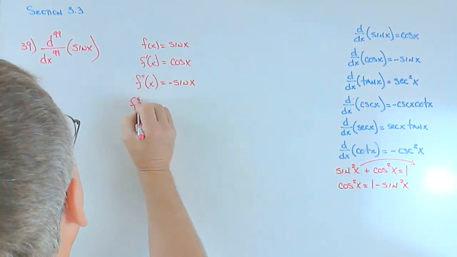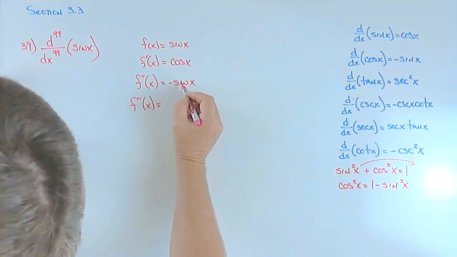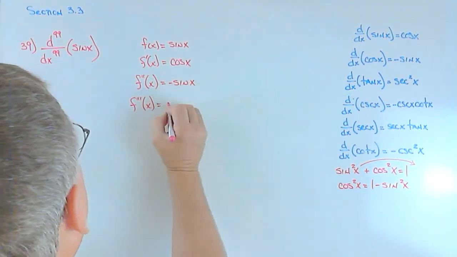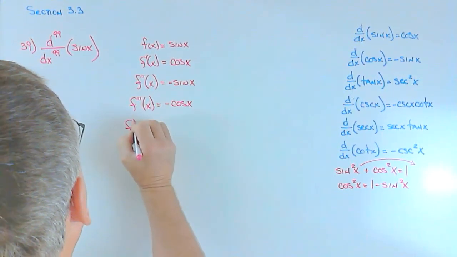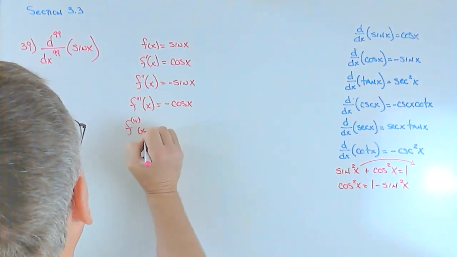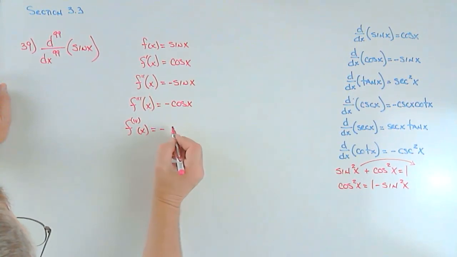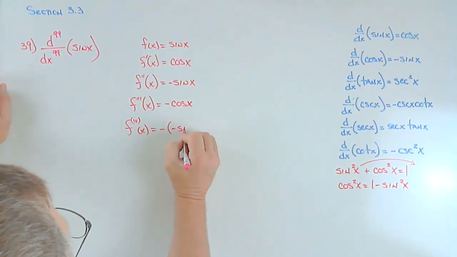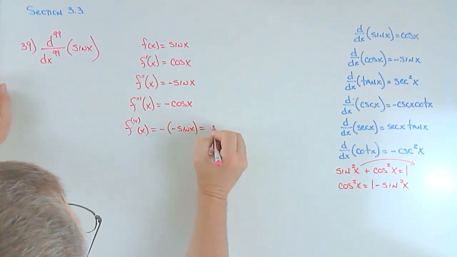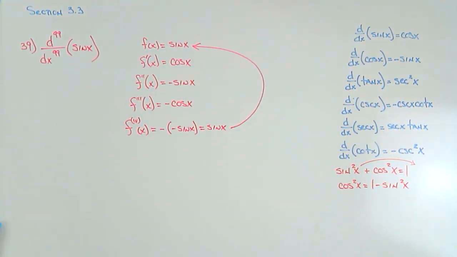The third derivative is the derivative of negative sine, negative cosine. The fourth derivative is the derivative of negative cosine. So we have a negative. The derivative of cosine is another negative. And you know a funny thing? Right back where we started.